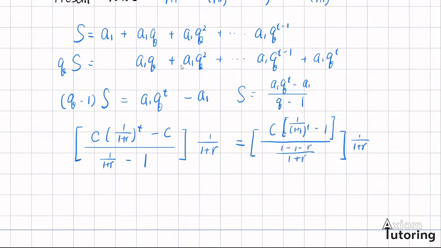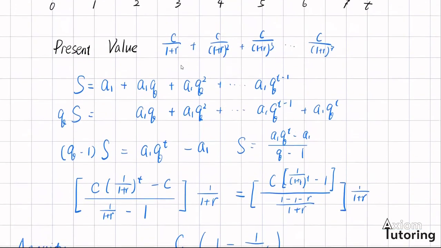We don't wish to see minus everywhere, so you can just switch the positions of these two terms, multiplying the numerator and denominator by minus 1. Then you have the final answer, which is C over r times (1 minus 1 over (1 plus r) to the power of t). This is what we call the annuity formula.